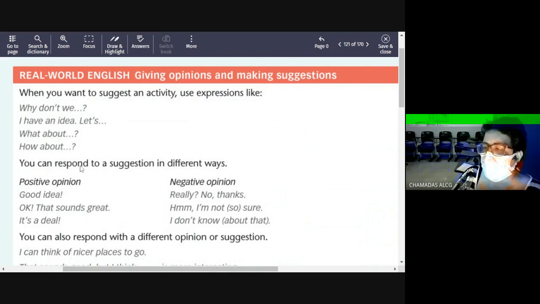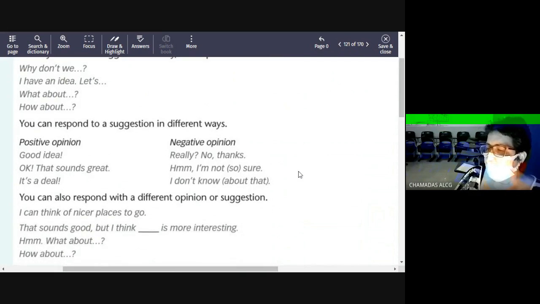You can respond to a suggestion in different ways. You can give a positive opinion or a negative opinion. You can say, oh, good idea. Or, okay, that sounds great. Or, it's a deal, to show that you agree.